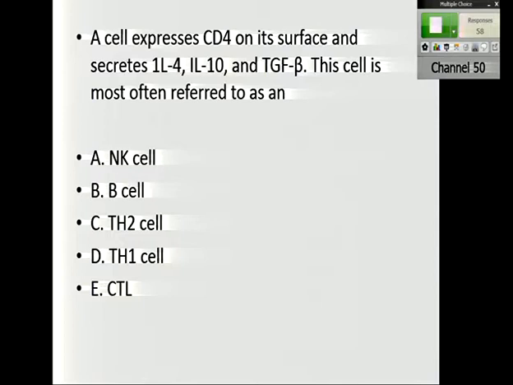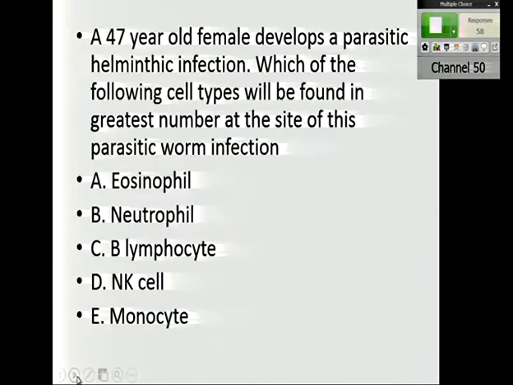Which one is this? A cell that secretes interleukin 4, 10 and TGF beta would be Th2. And this? Eosinophil. Okay. These are all rapid fire questions.